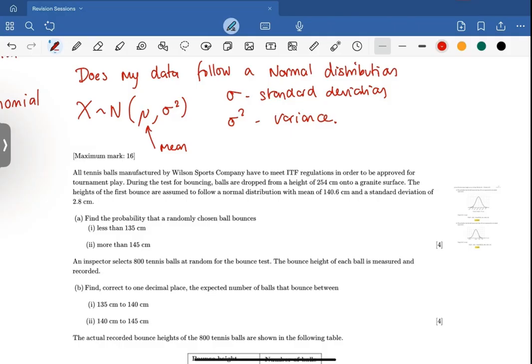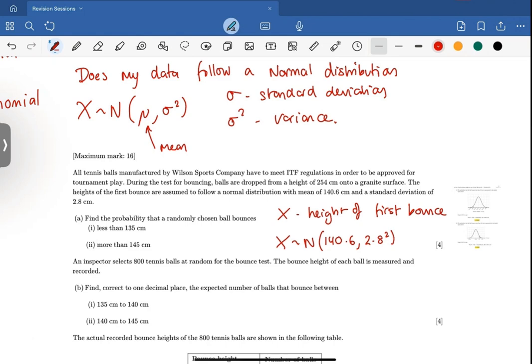The heights of the first bounce are assumed to follow a normal distribution. So let's call it x, the height of the first bounce. And we've been told that it follows a normal distribution with a mean of 140.6 and a standard deviation of 2.8.